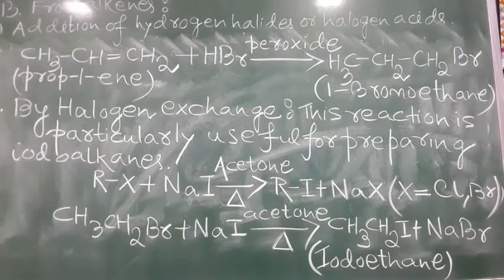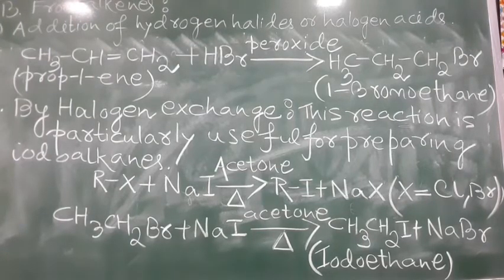So you will see, children, that when an unsymmetrical alkene is added to a polar reagent in presence of peroxide, the reaction won't take place according to Markovnikov's rule. In fact, the reaction will take place contrary to Markovnikov's rule. And obviously, you can see the product that is formed. It is 1-bromopropane, which is anti-Markovnikov's product.